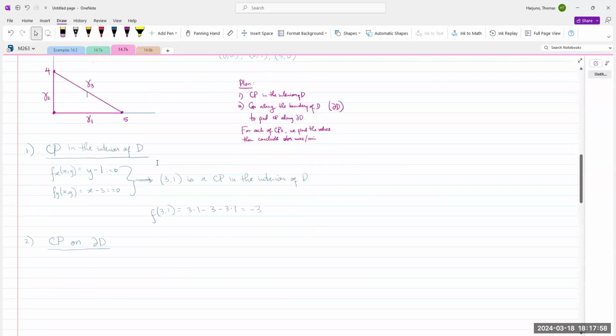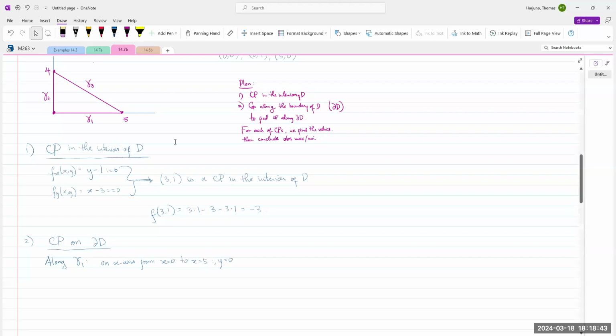Okay, so let's go along gamma 1. That is the line segment from (0,0) to (5,0). So that's on the x-axis from x equals 0 to x equals 5. But y equals 0, right?